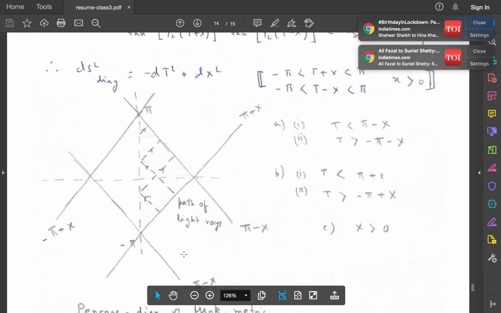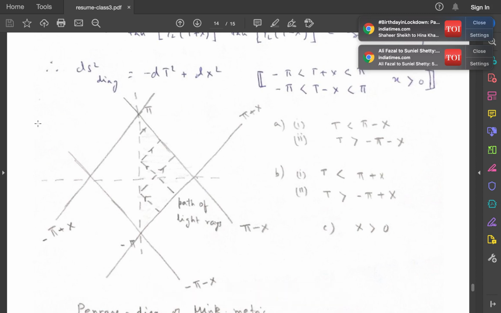With the first condition we are confined to all of this space. Now we are subtracting this space; we are only concerned about the space which is there. The second condition, t greater than minus pi plus x, is this line. So we are only left with this space in this rhombus.